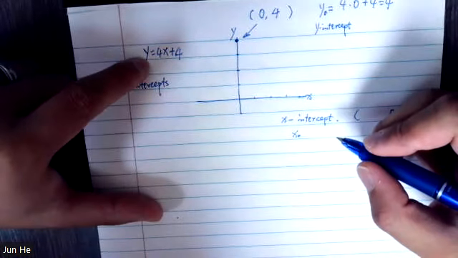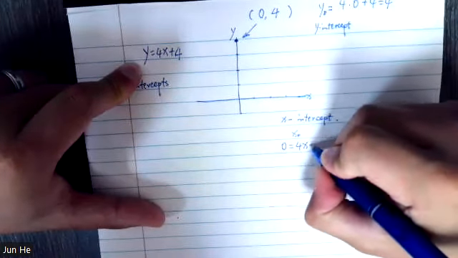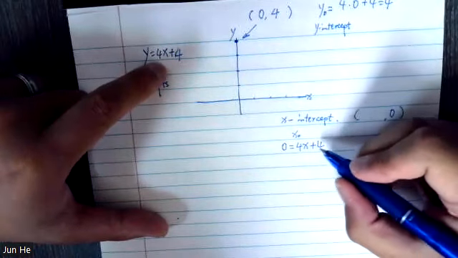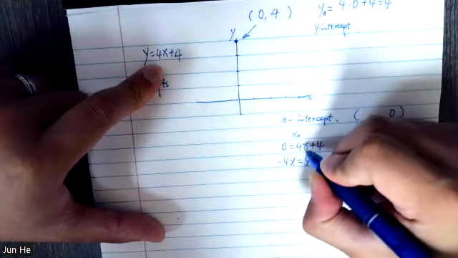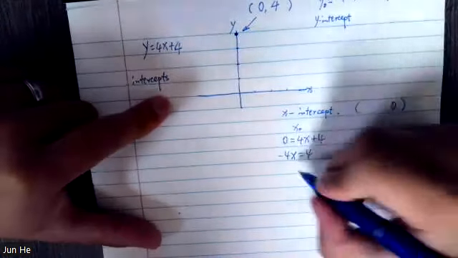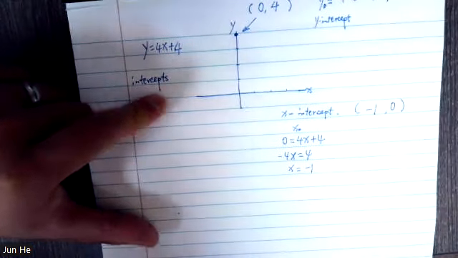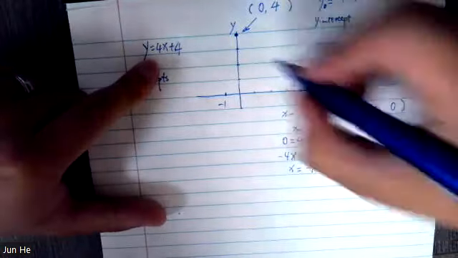So here we just need to solve this a little bit. It is y equals 0, right? And this equation should hold. So it is minus 4x equals 4. We move 4x to the left-hand side, change the sign, and then we divide minus 4 to both sides, x equals minus 1. So here, minus 1 is the x-intercept.